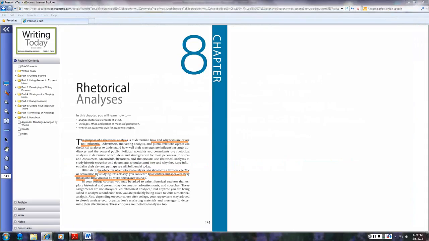So moving to your textbook, the purpose of the rhetorical analysis is to determine how and why texts are or are not influential or effective. The objective is to show why, through the use of specific appeals or language, the text is effective or persuasive. And it also allows us to learn not only how writers and speakers sway others, including us, but how we can be more persuasive writers and speakers ourselves.